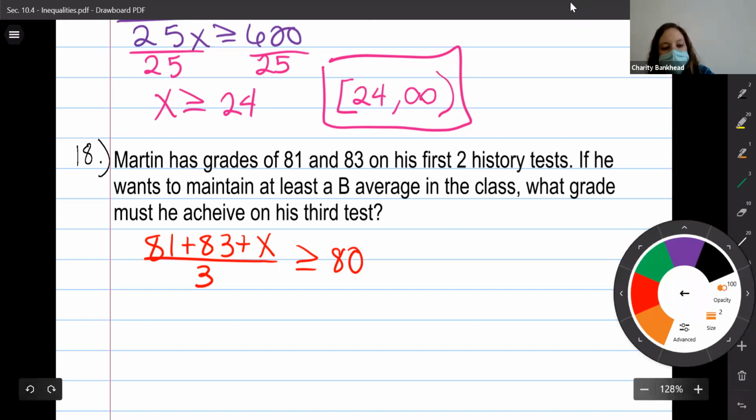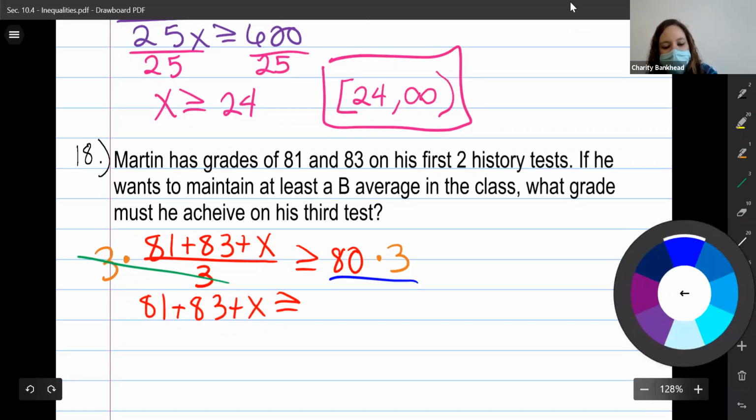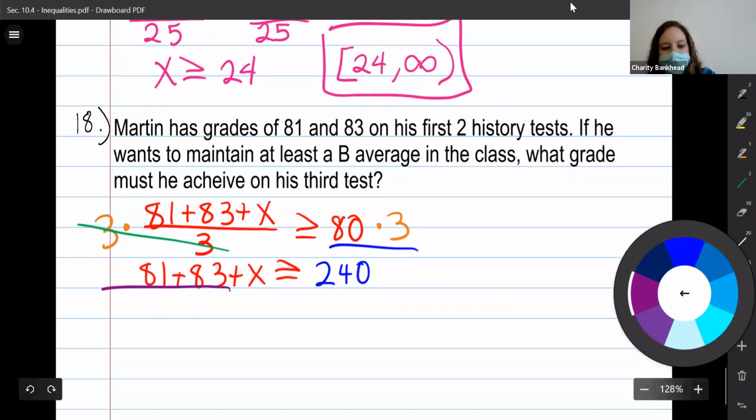So then we can just multiply both sides times 3. So that 3 cancels out. So I have 81 plus 83 plus X is greater than or equal to. So 80 times 3 would be 240. And let's go ahead and combine the like terms. So 81 plus 83 is 164.